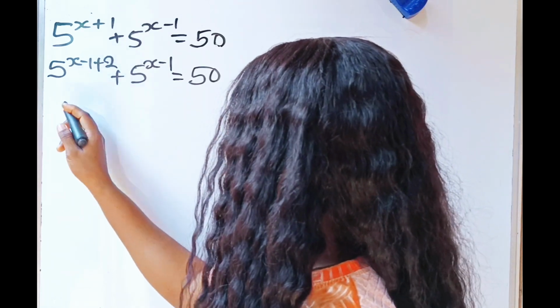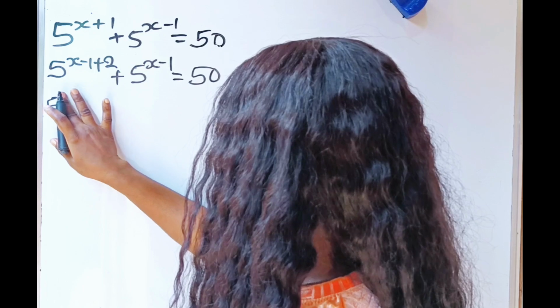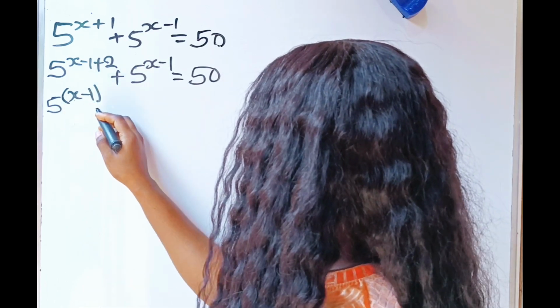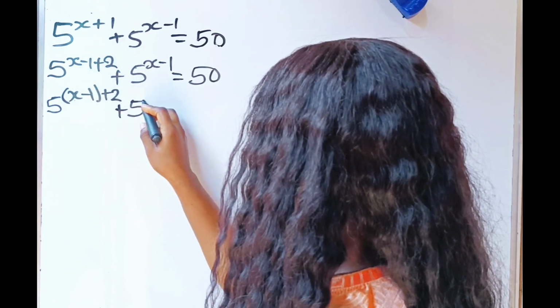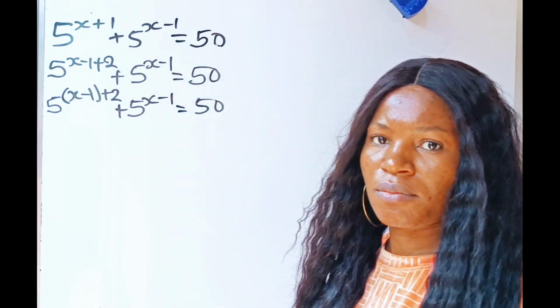Now, I can rewrite this as 5 to the power of x minus 1, then plus 2, this is still the same thing as this, plus 5 to the power of x minus 1 is equal to 50.